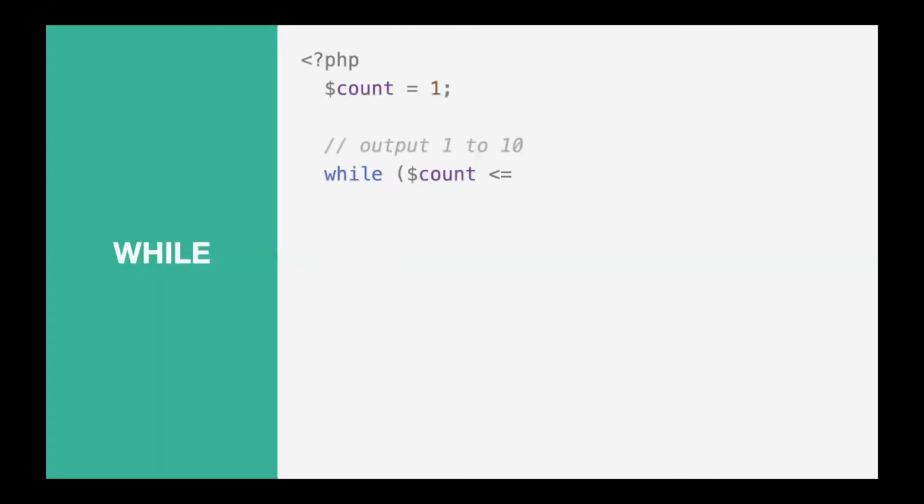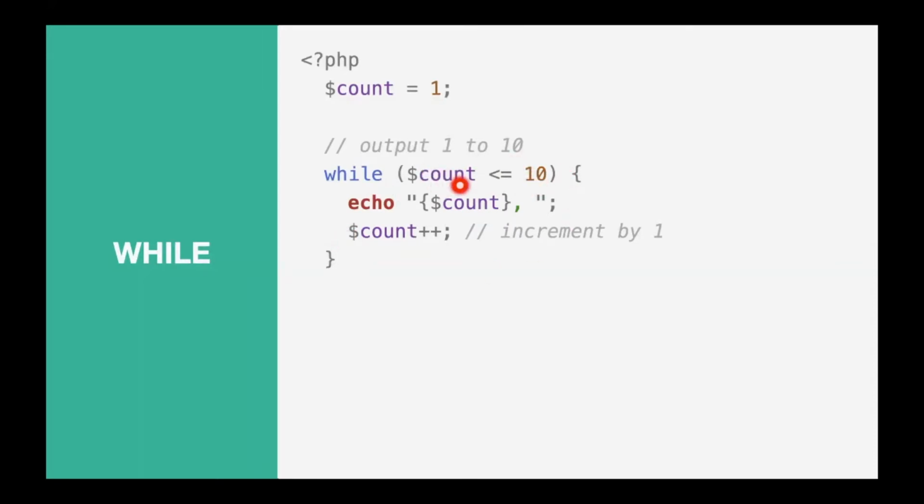All right, so here's just a basic example of using the while loop, and this while loop is set up to loop essentially 10 times. So we start at the top here with a variable count that we've set to 1. Then we have our while loop, and as long as count is less than or equal to 10, then we're going to continue looping.